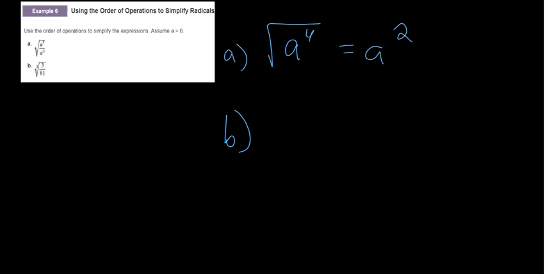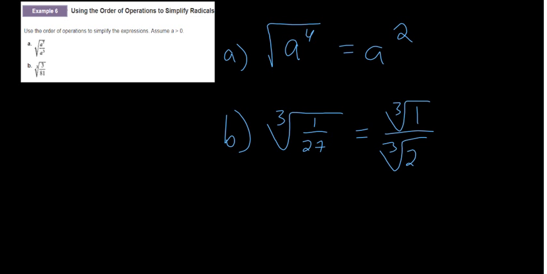Same thing with B. We've got the cube root of 3 over 81. We could do the cube root of 3 over the cube root of 81 and work that out, or we can just go, okay, 3 and 81, that's going to end up being the cube root of 1 over 27. And the cube root of 1 over 27, now we can break this down. We can say the cube root of 1 over the cube root of 27.